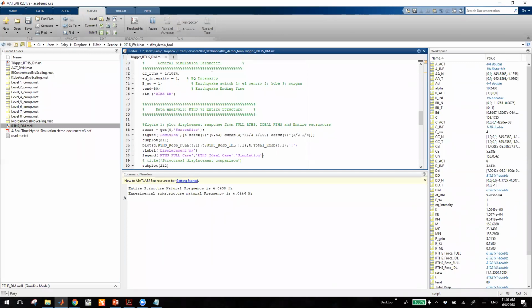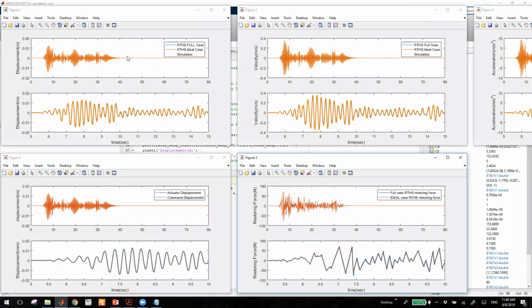After you run the demo code, it will provide you 5 figures of the response. The first figure compares the more advanced RTHS, which is the RTHS full case, where we included the actuator dynamics; the RTHS ideal case, where we only partition the numerical substructure and experimental substructure; and the simulation, where we assume the structure is modeled as a whole.